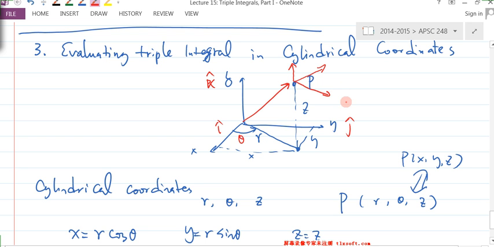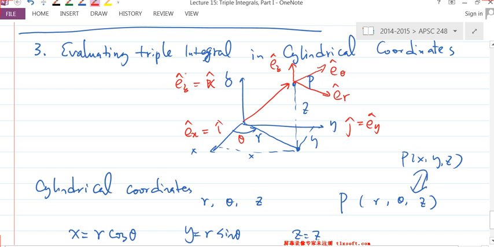In most textbooks, they use e_r hat, e_theta hat, and e_z hat, unit vectors. And to be consistent, instead of i hat, sometimes people write e_x hat, e_y hat, and e_z hat.